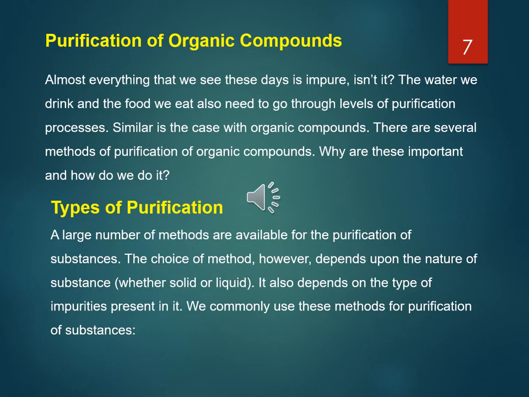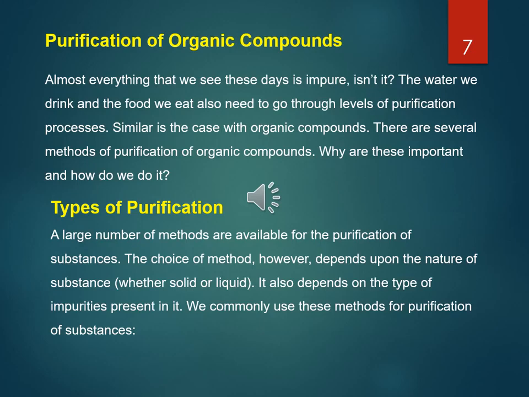There are several methods of purification of organic compounds. Why are these important and how do we do it? Let's see what the types of purification are. A large number of methods are available for the purification of substances. The choice of method, however, depends upon the nature of the substances, whether solid or liquid. It also depends on the type of impurities present in it.